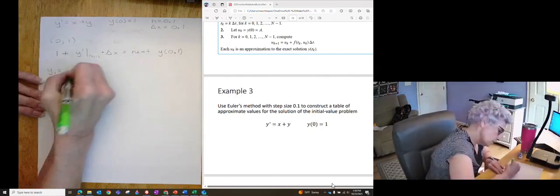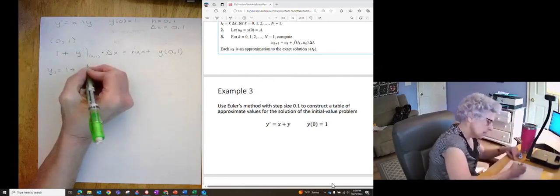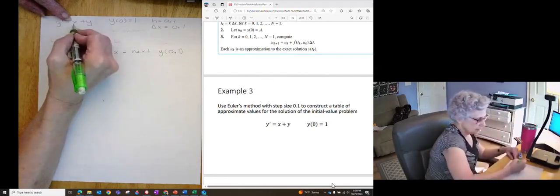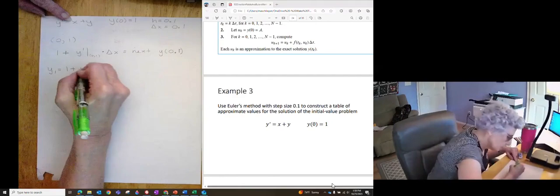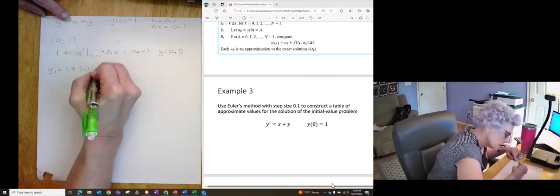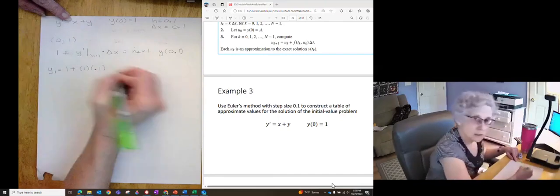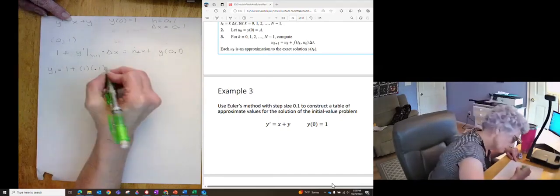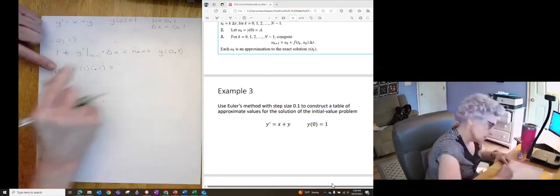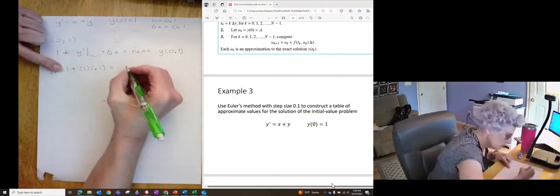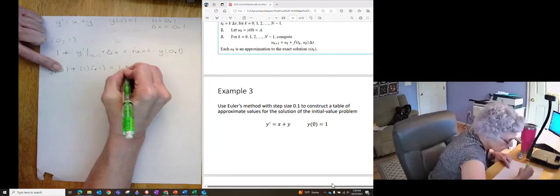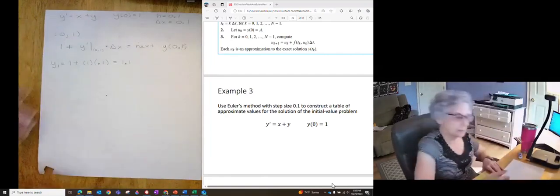So y1 would be equal to 1 plus the derivative at the point (0, 1), which is 1, times delta x. That's the slope of your tangent line. So 1 plus 0.1 is 1.1.